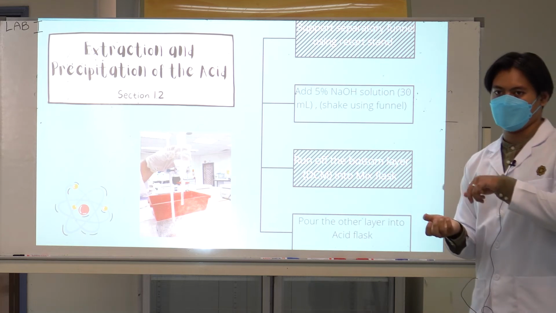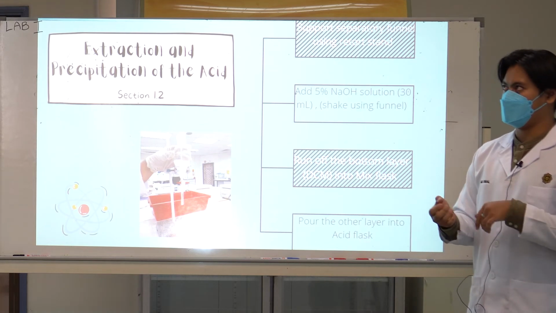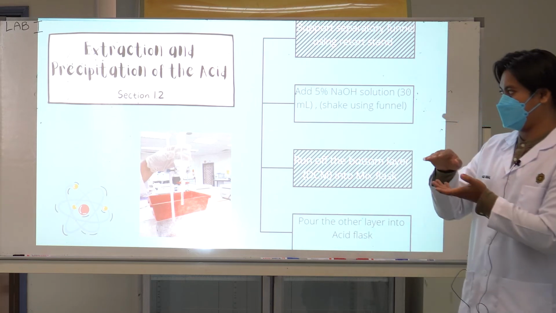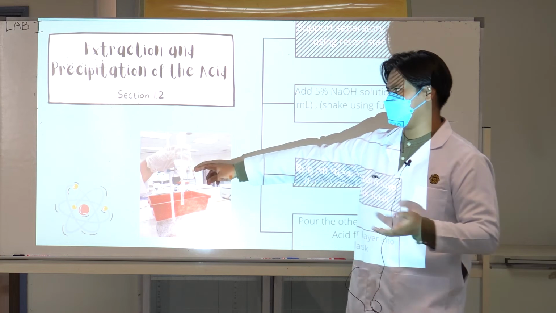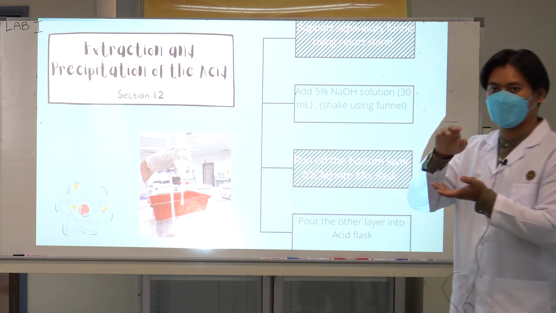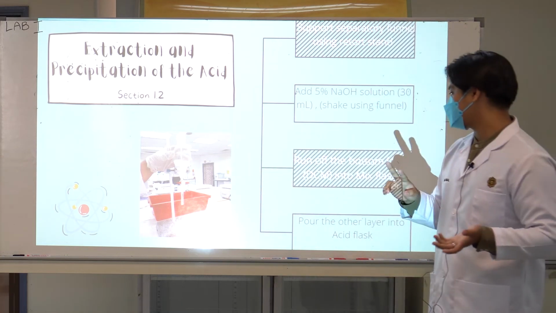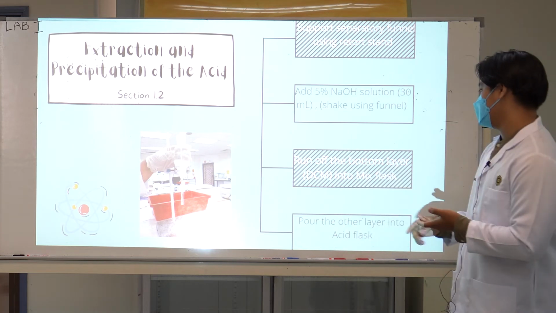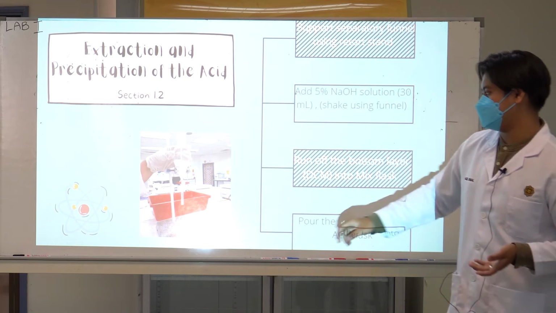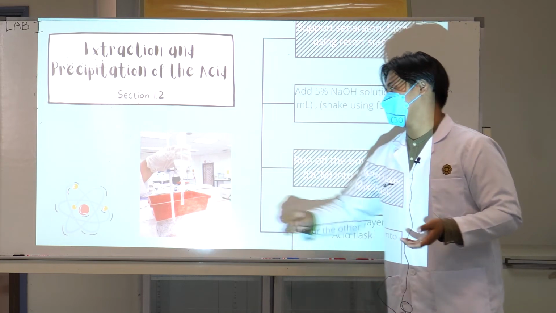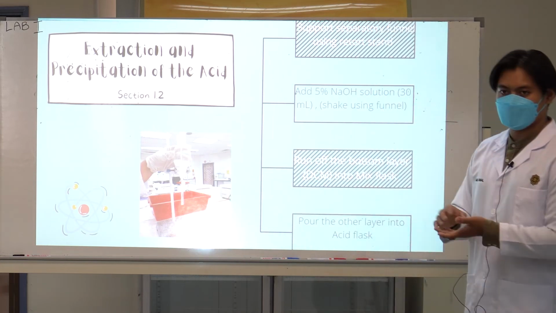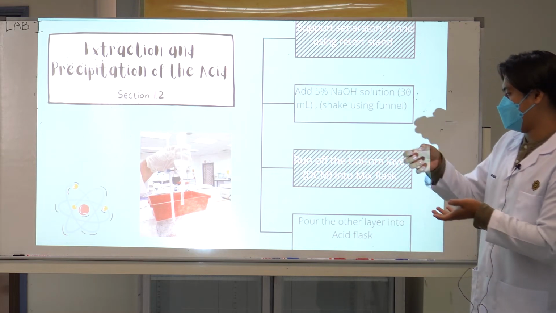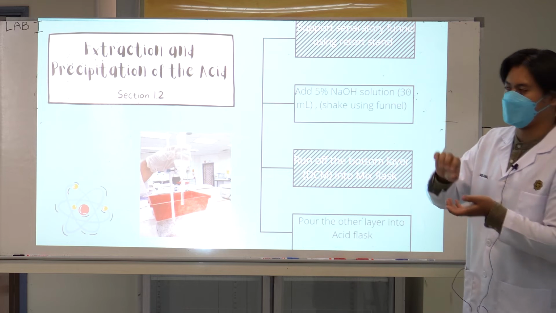And we vent it about 2 or 3 times. Then we let it sit for a while, and we can see 2 layers. The bottom layer is DCM, and we open the stopper and drain it into the mixed flask. And the top layer, we pour into the acid flask.